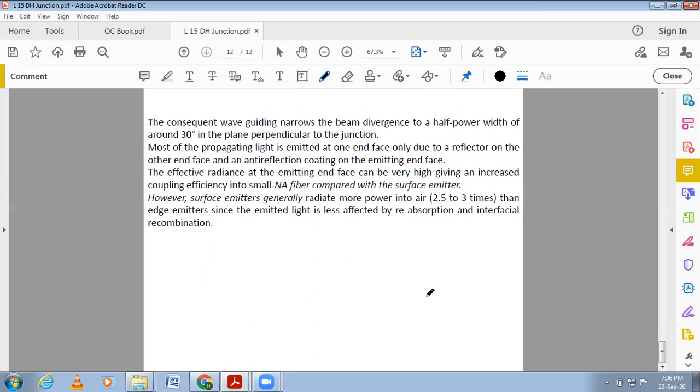The effective radiance at the emitting end face can be very high, giving an increased coupling efficiency into a small numerical aperture fiber compared with the surface emitter. However, the surface emitter generally radiates 0.5 to 3 times more power into air than the edge emitter, since the emitted light is less affected by reabsorption and interfacial recombination.